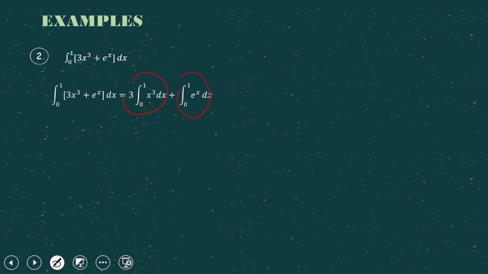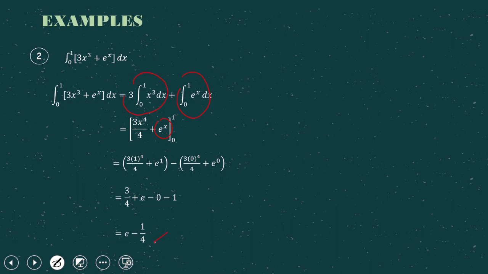And then we integrate. After we integrate, we get 3x to the power of 4 over 4, and e to the power of x. When we integrate e to the power of x, we get the same, e to the power of x. And then as I told before, we substitute the upper limit and the lower limit, we subtract, and then we simplify the answer. So this is the answer.